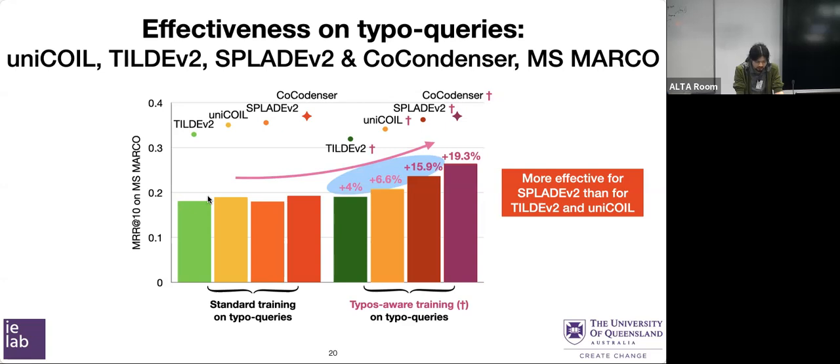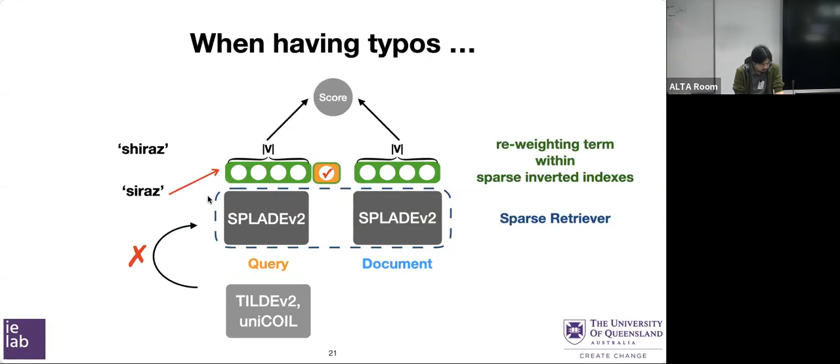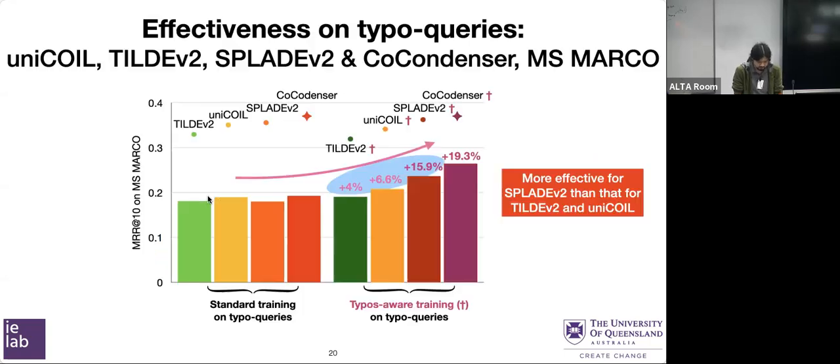We argue that this is due to the fact that TILDEv2 and uniCOIL only have a passage expansion step as a data processing strategy before training. SPLADEv2 learns how to expand queries and passages on the fly during training. Hence, it is able to learn a query and passage expansion pattern that tolerates the typos in queries, whereas TILDEv2 and uniCOIL cannot.